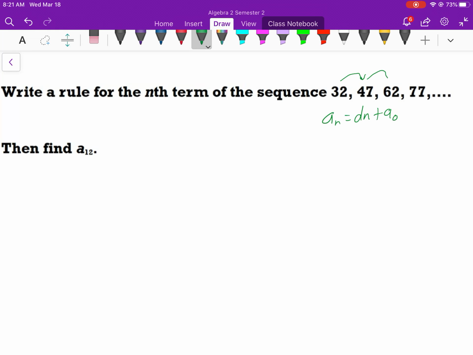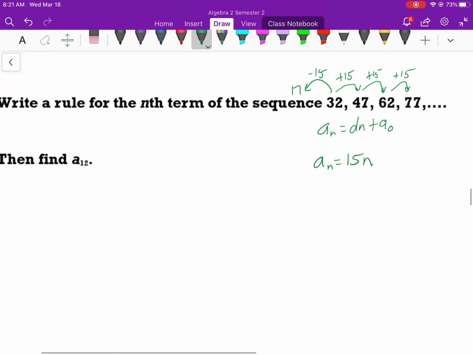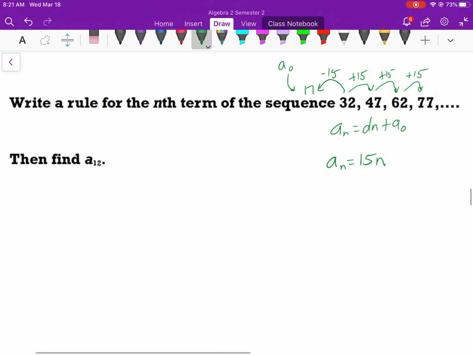Finding that pattern, how are we getting to that next term? 32 to 47 is plus 15, and that follows through. So we have a common difference of 15. So 15n, and if I work backwards, minus 15, I get 17 for my a sub 0. So plus 17.